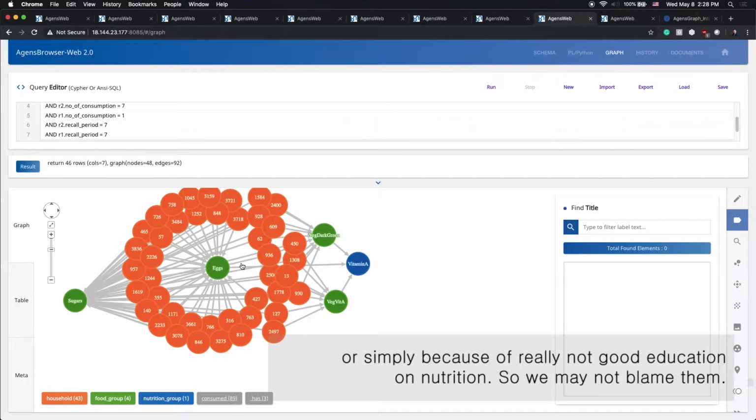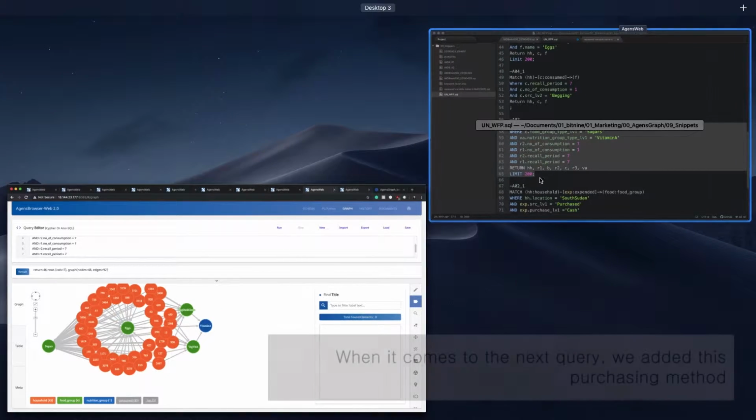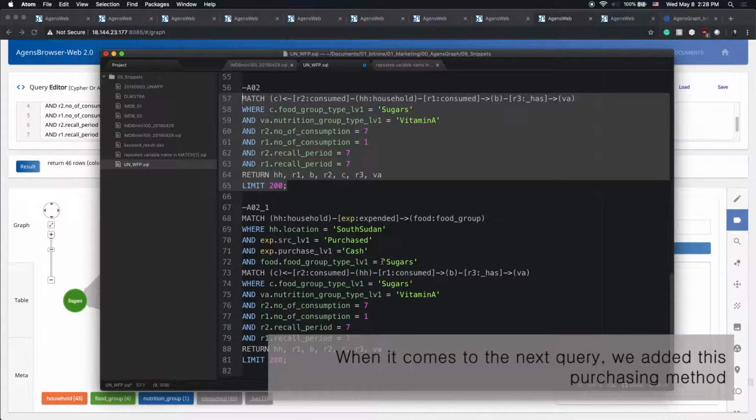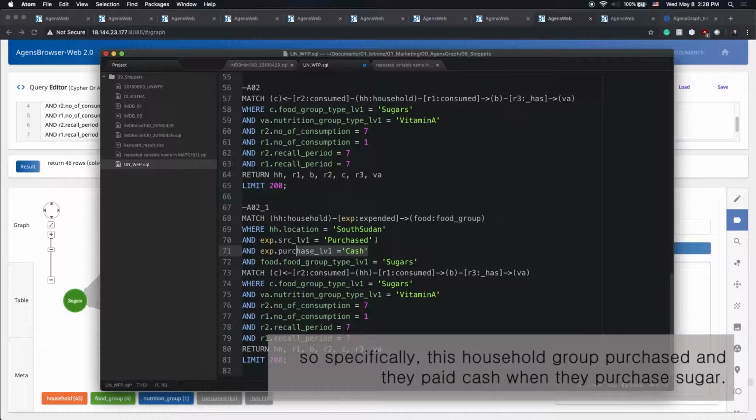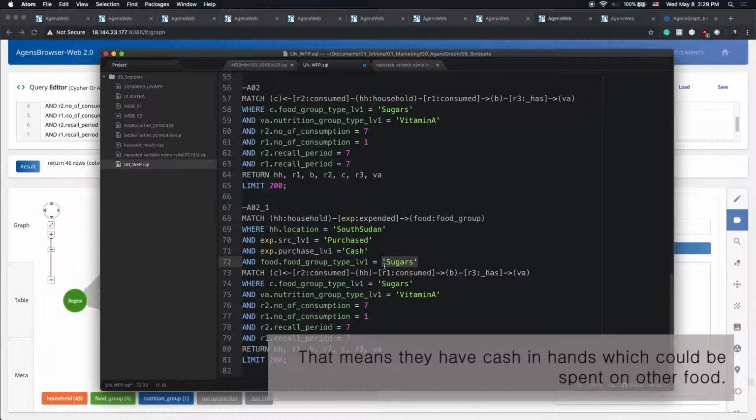So we may not blame them, but when it comes to the next query, we added the purchasing method. Specifically, this household group purchased sugars and paid cash. That means they have cash in hand, which could be spent on other food.